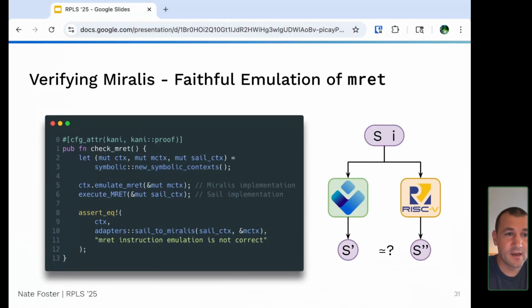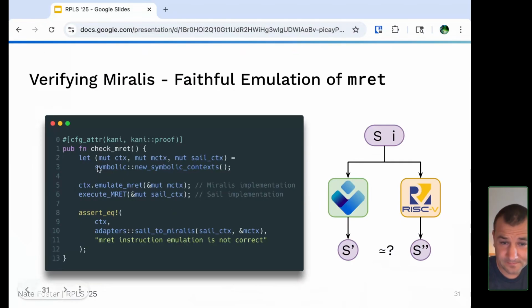This is a piece of code taken directly from the Morales code base, completely unmodified. It's an example of how we would verify a single instruction. In this case, it's the mret instruction, which returns to either S or U mode from M mode. M mode is the machine mode, the highest level of privilege, and we're going back down.